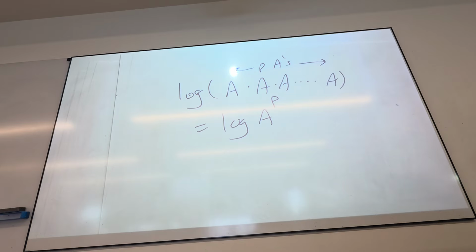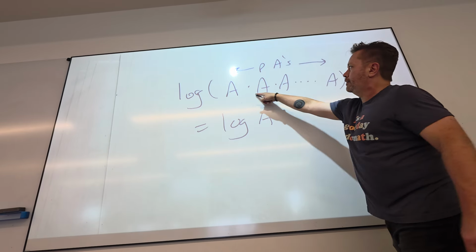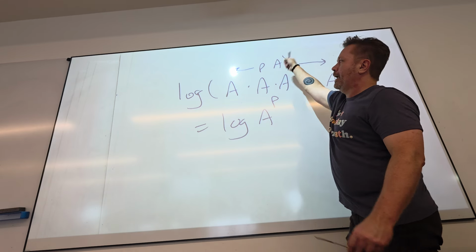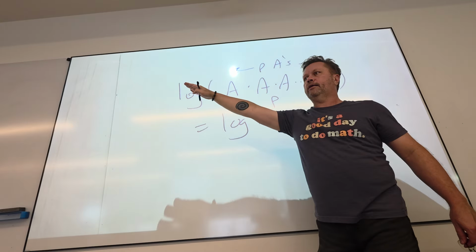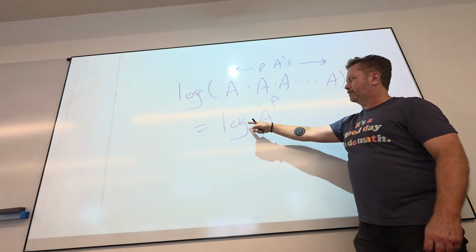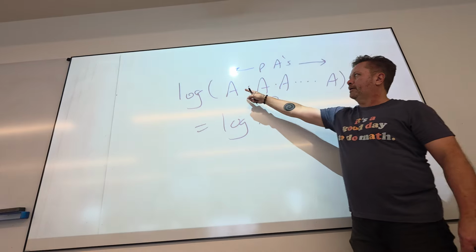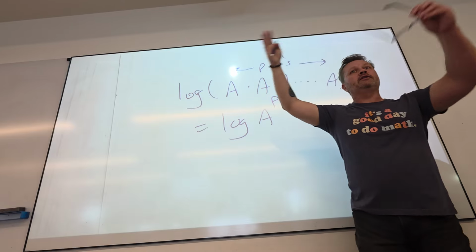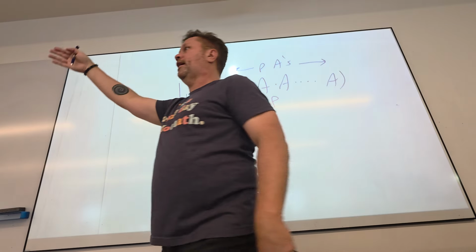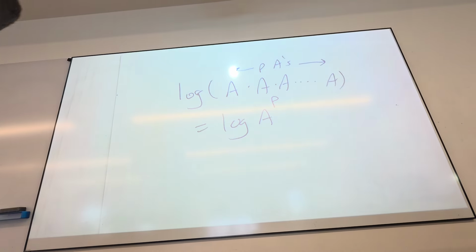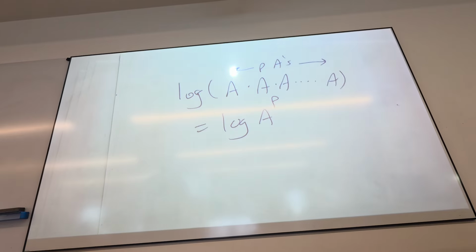I got so many variables, but if I have a string of P A's, maybe P is 7, P is 20, however many A's I got, you guys with me? So this is basically log of A to the P. A times A times A, P times is A to the P. Is that cool? A times A is A squared because there's two of them. A times A, P times is A to the P. Does something happen there? And it feels like it should, because what are logs all about?